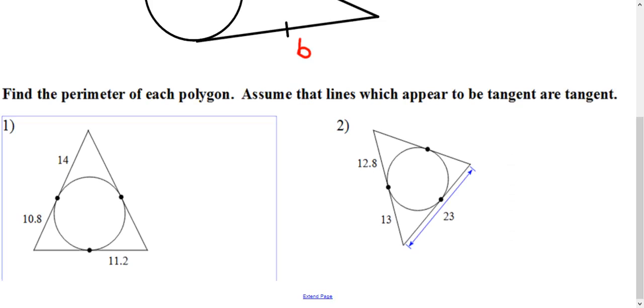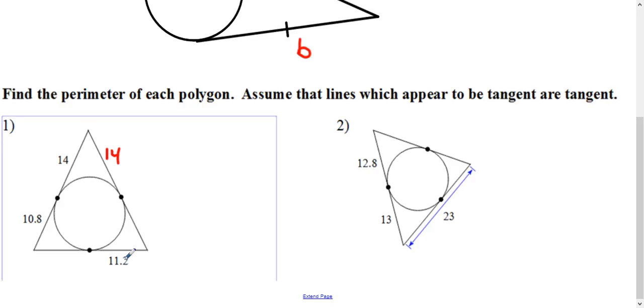So we can get a little more complicated than that because just having two answers always be the same is a little bit too easy. We're going to look at a triangle that goes around a circle. So the circle is inscribed in the triangle. Now, these are all tangent segments. So since this side is 14, so is that, because tangent segments are always equal.